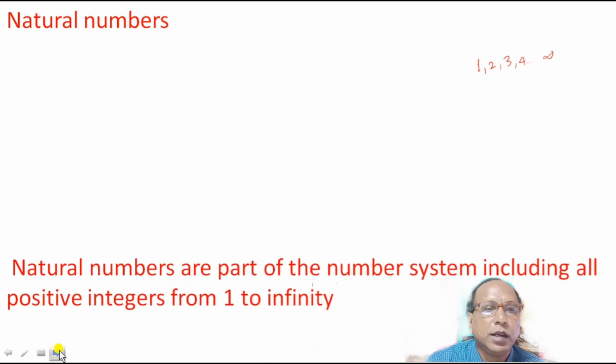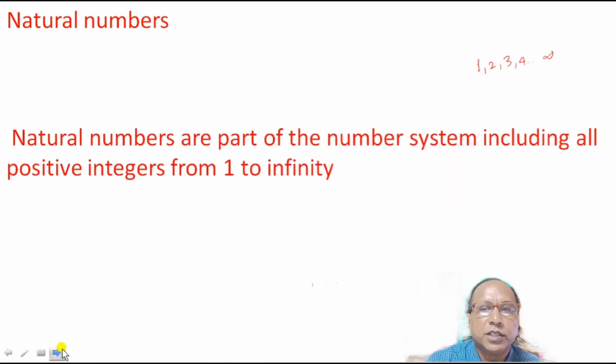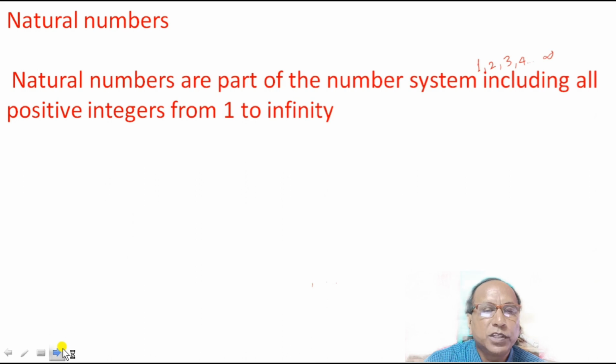Or you can say by definition that natural numbers are part of the number system including all positive integers from 1 to infinity.